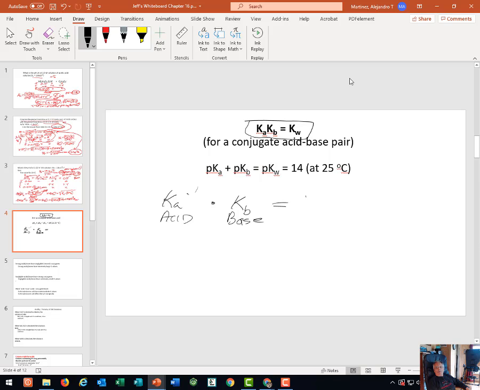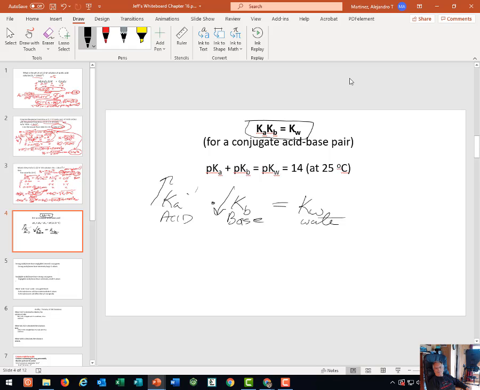And then you remember Kw, that is simply the equilibrium constant for the autoionization of water. And we discovered this relationship that the larger the equilibrium constant for an acid, that is, the more product favored that acid is, the higher the hydrogen ion concentration, the lower the Kb for its conjugate base.